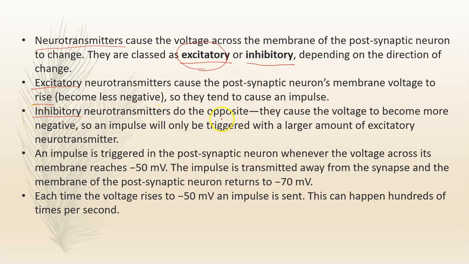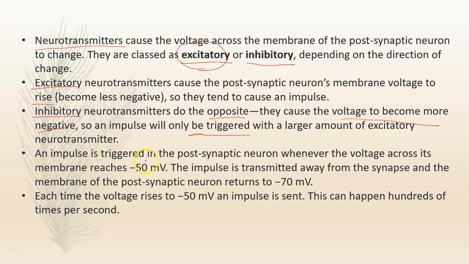Inhibitory neurotransmitters do the opposite. They cause the voltage to become more negative, so an impulse will only be triggered with a larger amount of excitatory neurotransmitter. This means that they don't allow the impulses to be sent out.